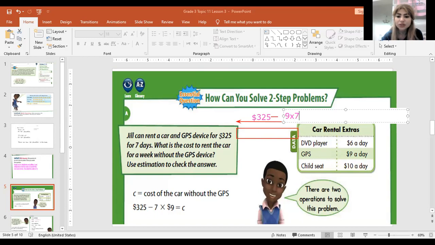So this is my equation to solve it: $325 minus $9 multiplied by 7 days. If I have a word problem with subtraction and multiplication, multiplication is stronger than subtraction, so I will do multiplication first. We can call the answer C.